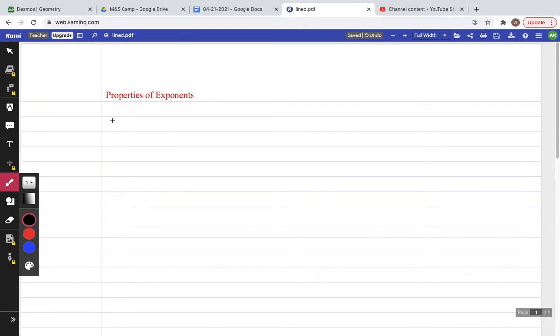The first of which is the product of powers. And the product of powers property basically states that if I have a number raised to two different powers, but I'm multiplying those numbers together, I can just add those exponents.